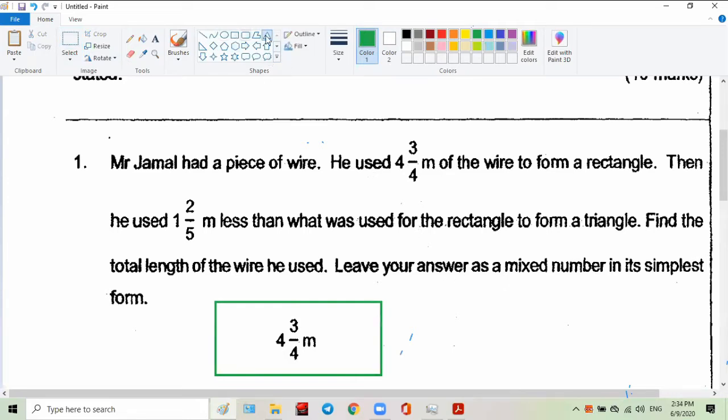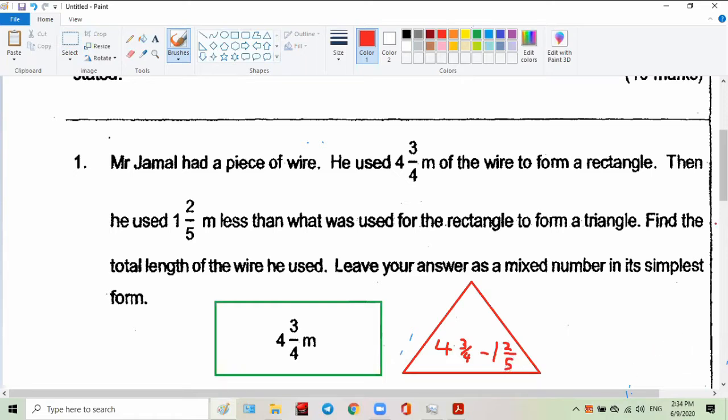So the triangle is made from what? How much? Do you know? 4 3/4 minus 1 2/5, agree?